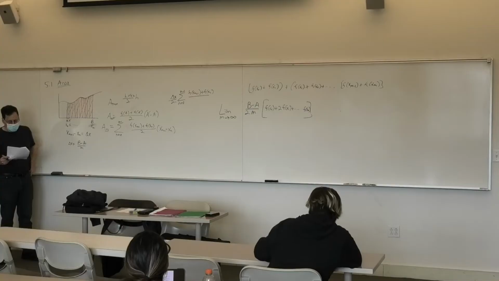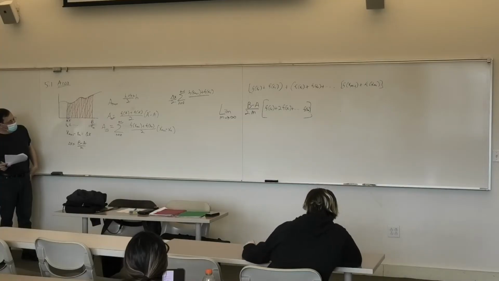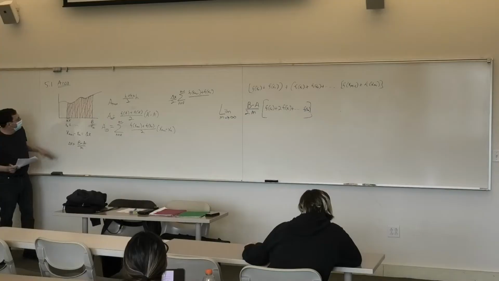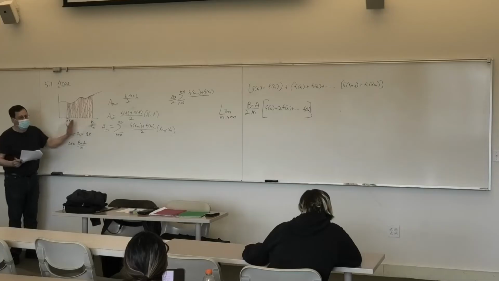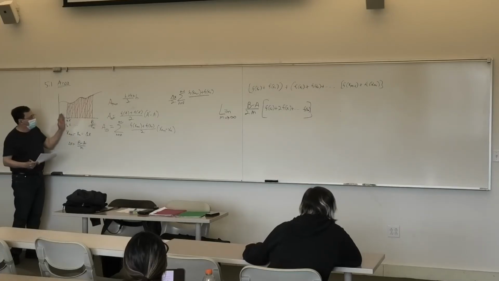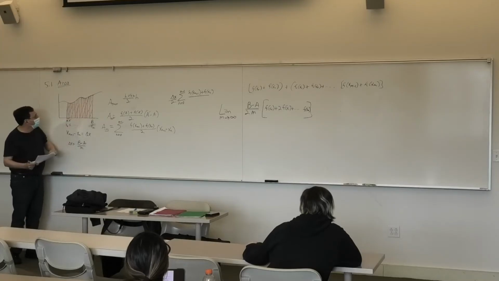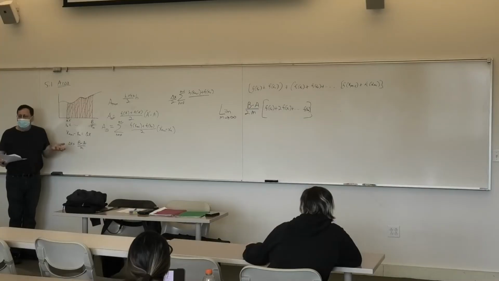So how would we go about doing this? Well, one thing we could do is just stop at some m before it gets to infinity. We could do it numerically with a computer. We could add these all up, and we would get a pretty good approximation of the area.